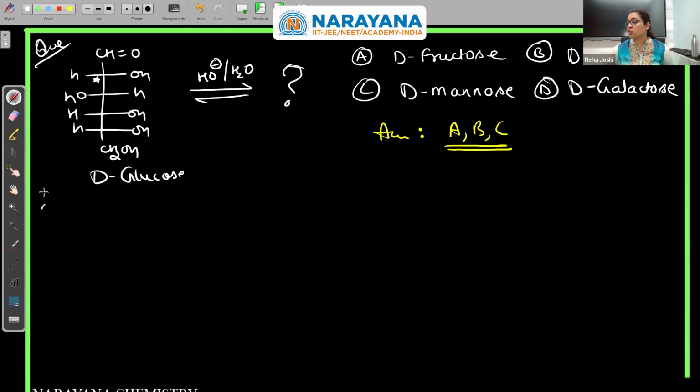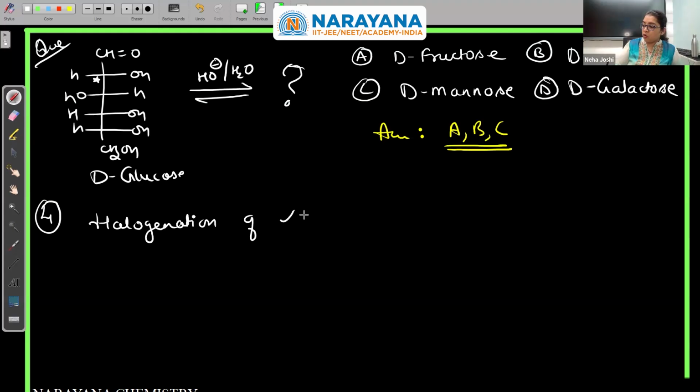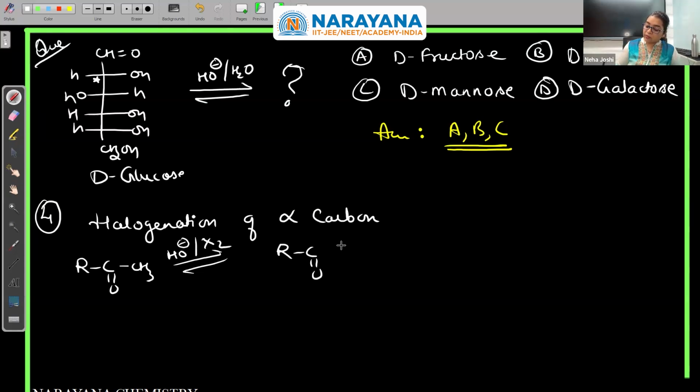Through the interchange. Now the fourth property is halogenation of alpha carbon, right? But remember, whenever this halogenation is done, if it is in alkaline conditions with X2, then you can have the trihalo product.